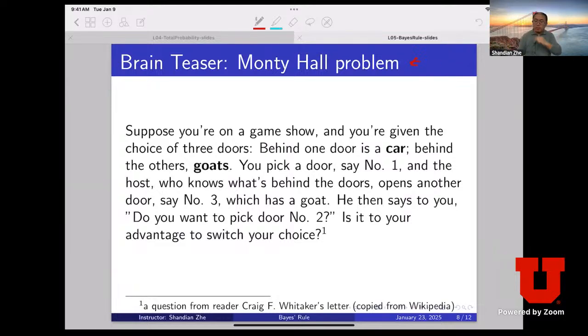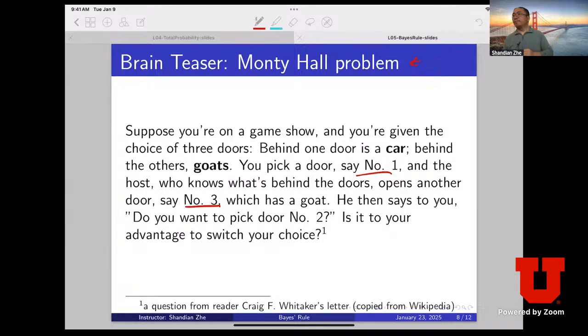So suppose you pick door number 1, and then the host, who knows where the car really is, right, opens another door. We say door number 3. And when he opens the door, you see a goat coming out.